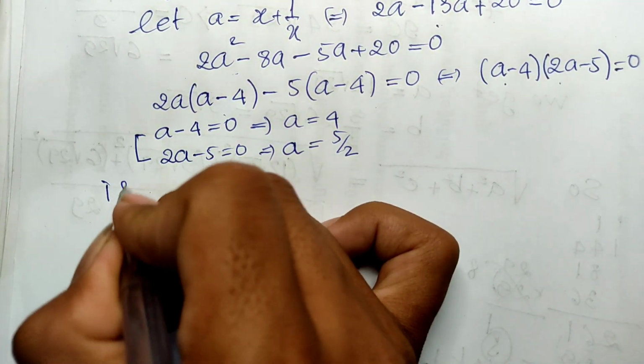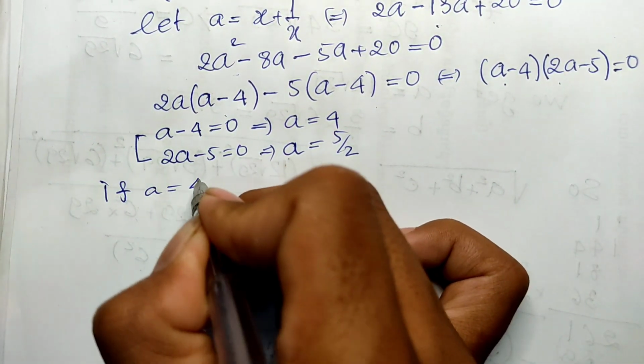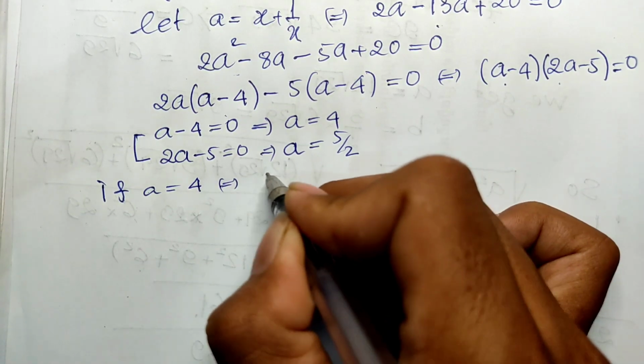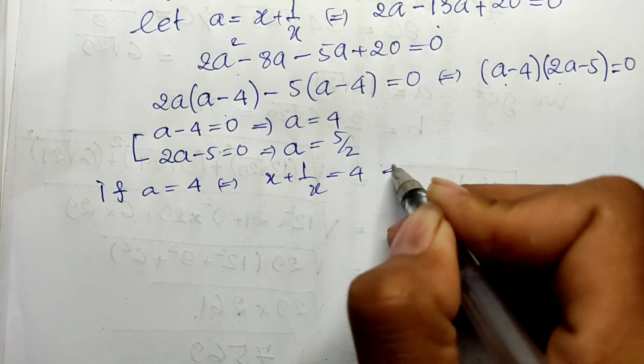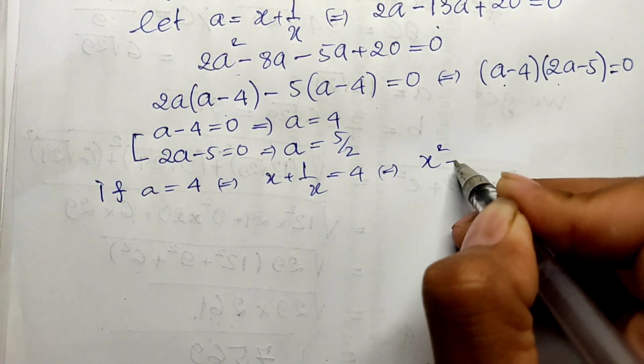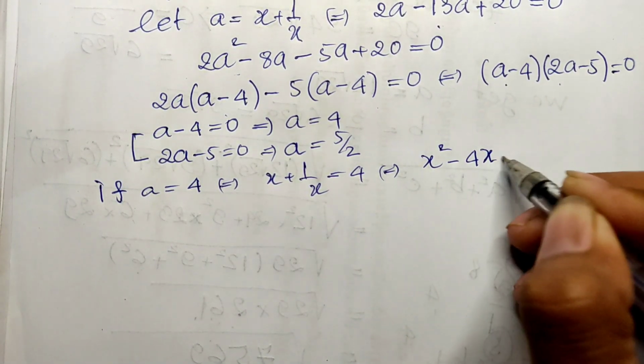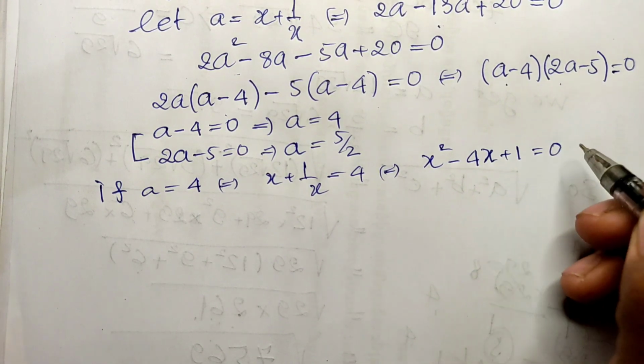Now, if a equals 4, I get h plus 1 divided by h equals 4. And we get h squared minus 4h plus 1 equals 0.